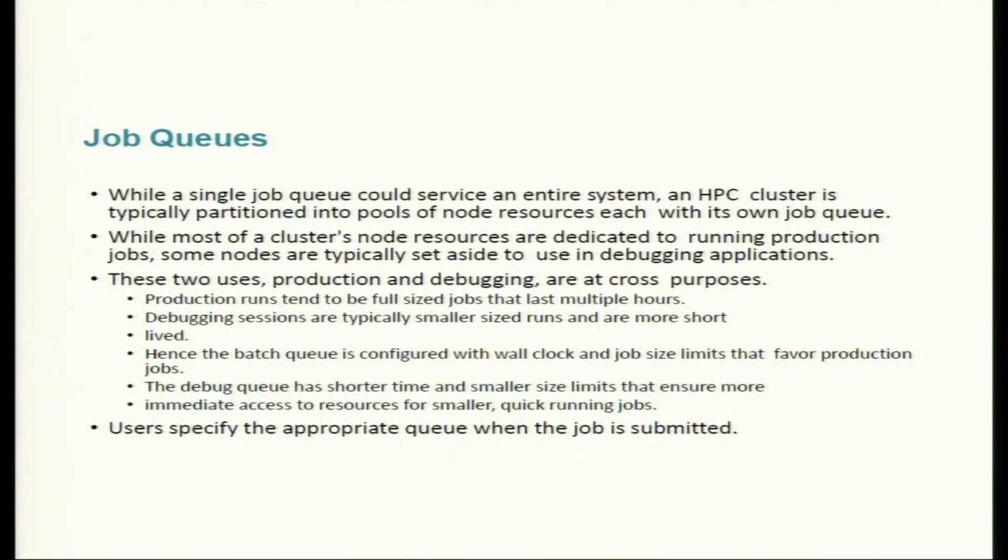Okay. So job queues are based on various policies and features of the system. Policies can be like, within an institution or department there can be several projects, several groups of people. Specific queues can be created for specific groups of users and so on.